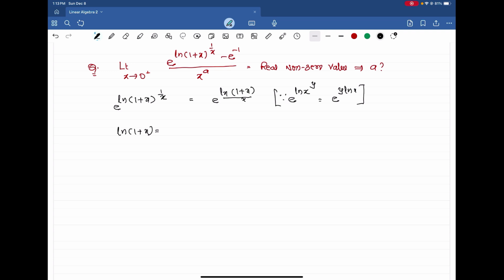I have told you already: x minus x square by 2 plus x cube by 3 minus so and so. Then what will be the value of ln (1 plus x) by x? That will be 1 minus x by 2 plus x square by 3 minus.